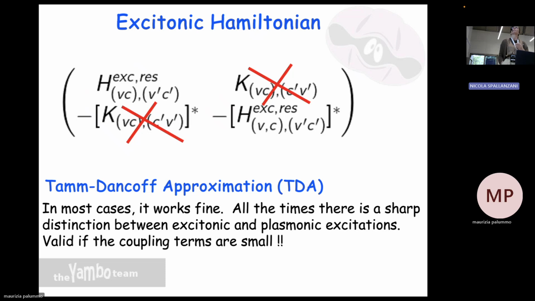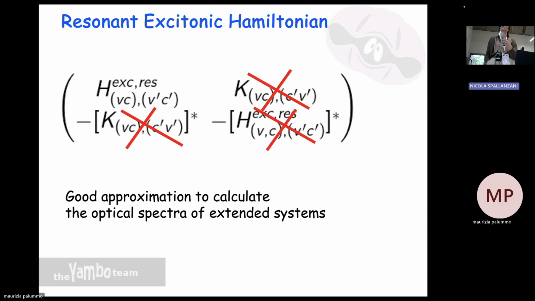If we neglect this part, this is called the Tamm-Dancoff approximation. I don't know if any of you have experienced time-dependent density functional calculations, but this is the same approximation that they use. And in the calculation that you will do in the tutorial, you consider only what we call the resonant part of the excitonic Hamiltonian.